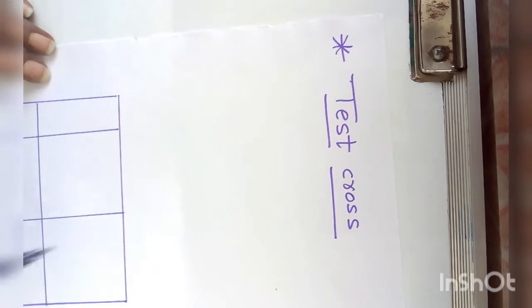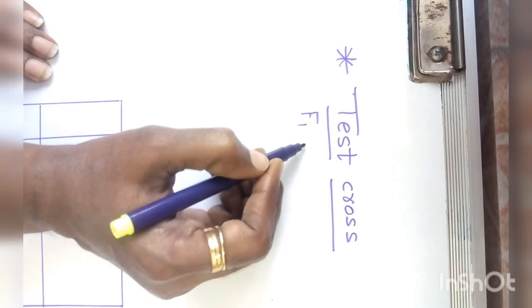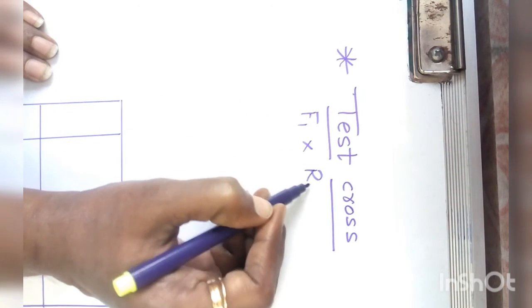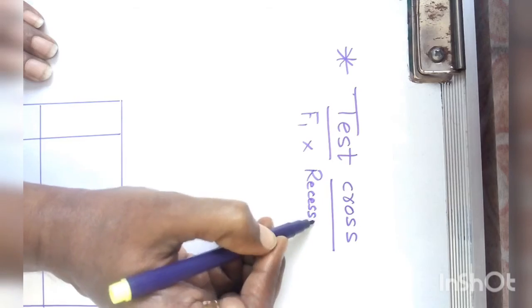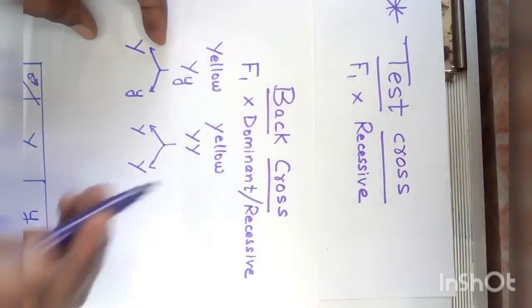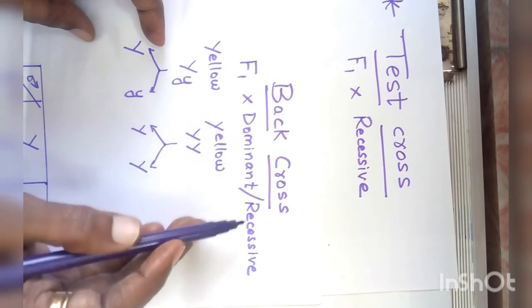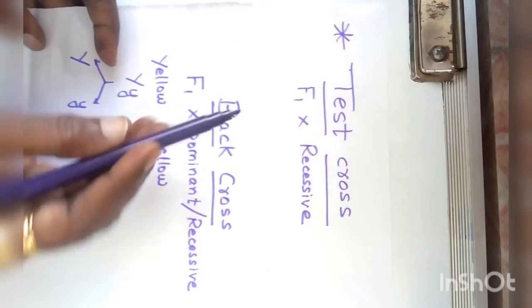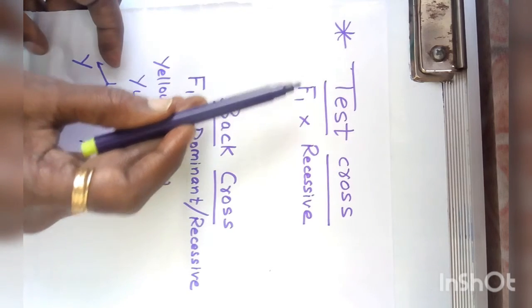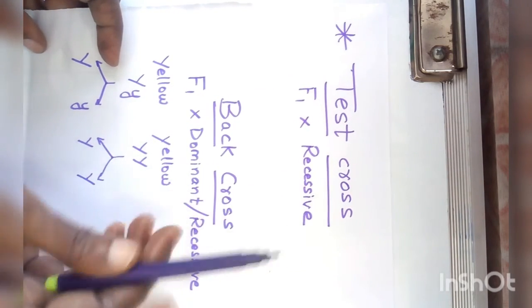A test cross is a cross in which F1 generation is crossed with recessive parent only. This is the basic difference between a test cross and a back cross. In back cross, F1 generation is crossed with dominant as well as recessive parent. Whereas in test cross, F1 generation is crossed with recessive parent only.